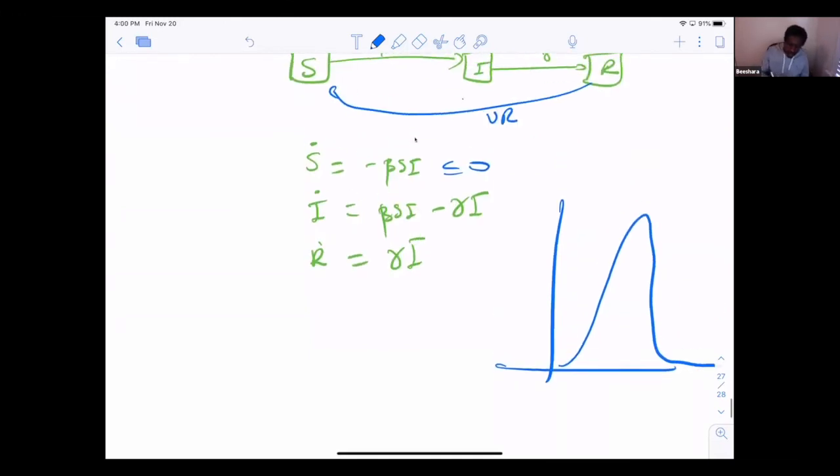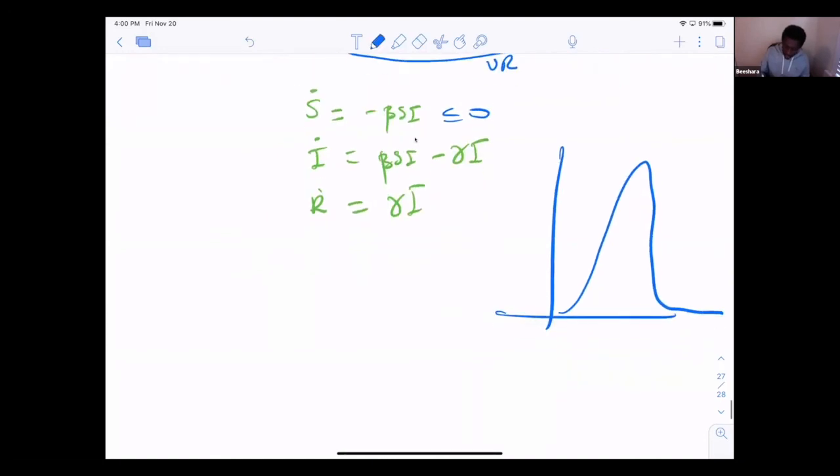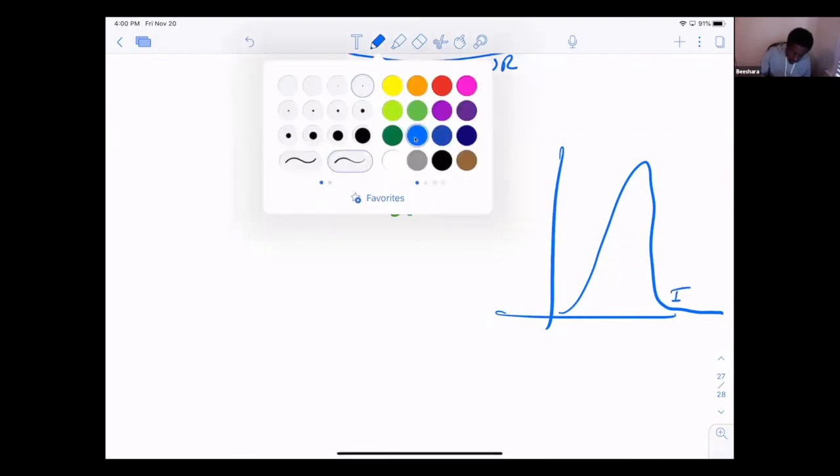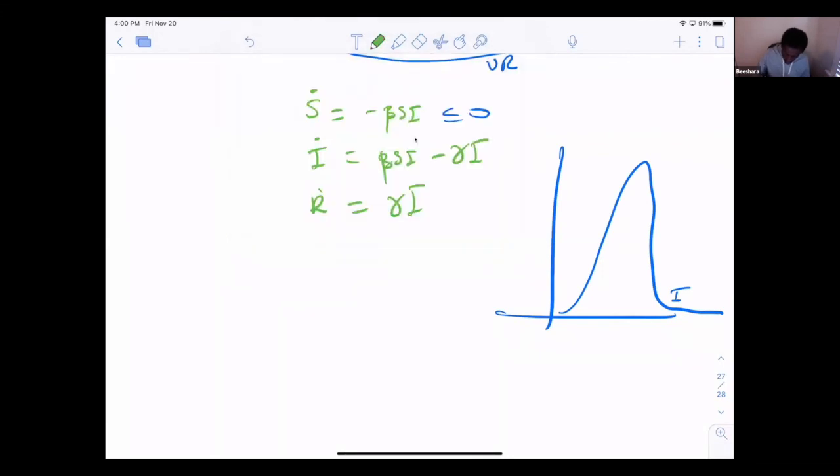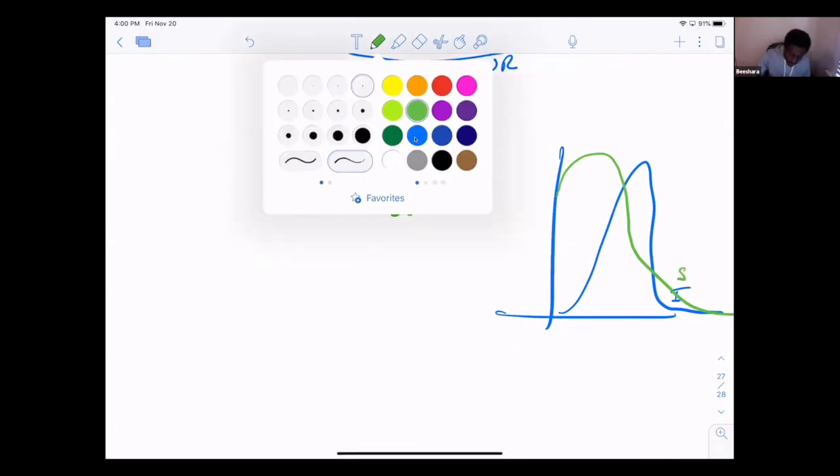But if we have, and because, yes, so let me do the curve. So this will be our I. And let me choose another color. So this would be also our S. And our R would be something like this.